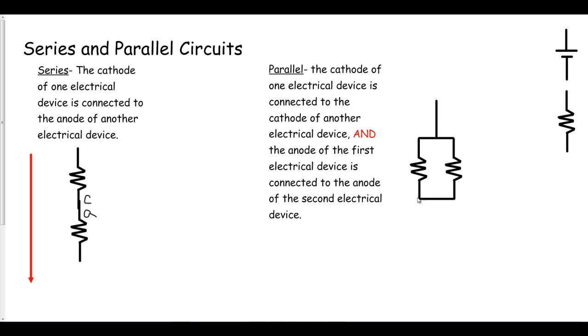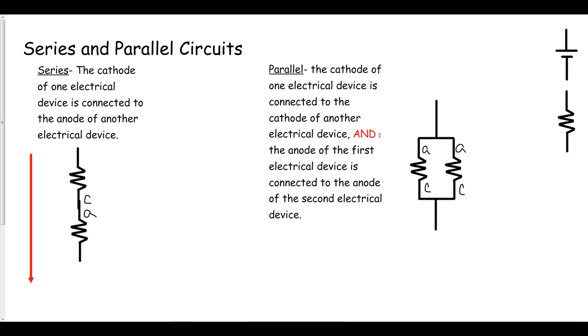And so these two devices would be in parallel because my cathodes and my anodes are connected. So this is an anode, that's a cathode, and that's a cathode. And so that makes these two devices parallel. Another way that you can look at this is that they are kind of parallel in my screen here.